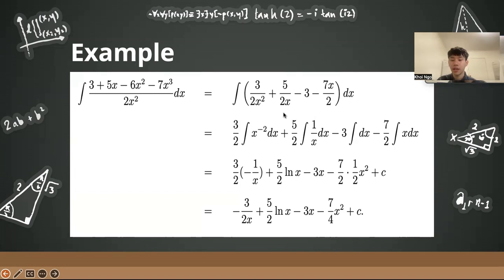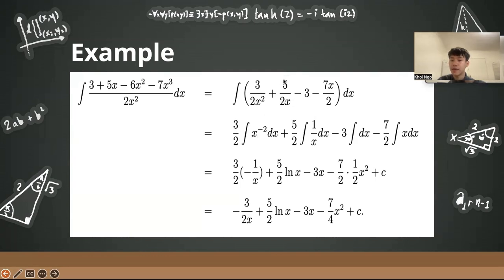And then let's keep going. All right, for the next equal sign, for now we have 1, 2, 3, 4 terms. We have 4 terms. We can split it into 4 antiderivatives. And for the first term here, we will rewrite 1 over x squared as x to the power of minus 2. And 3 on 2 is just a constant, so we can take it outside.